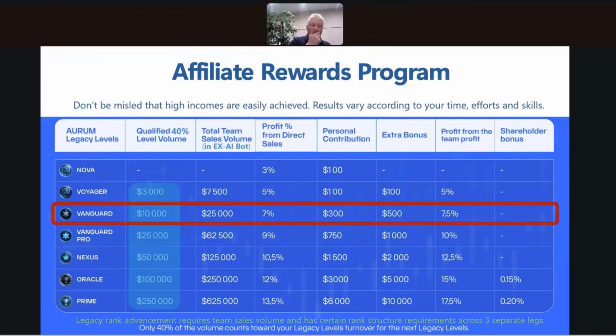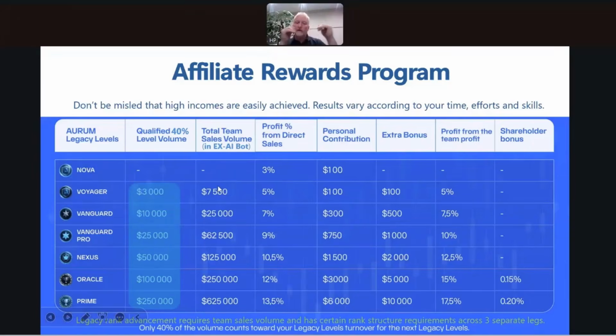Now, I want you to think about this as well. If you have 3 people that achieved Voyager, you've done 22,500 in sales. You need 25,000 to go Vanguard. So if you have 3 people, you can help 3 people go Voyager. The first one, it's not going to happen on the same day, is it?